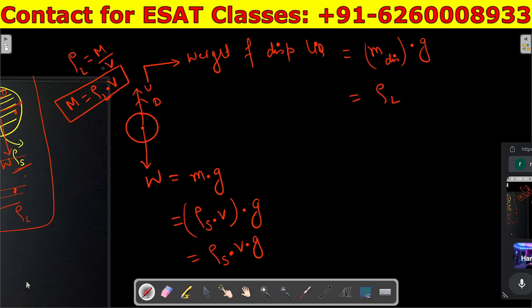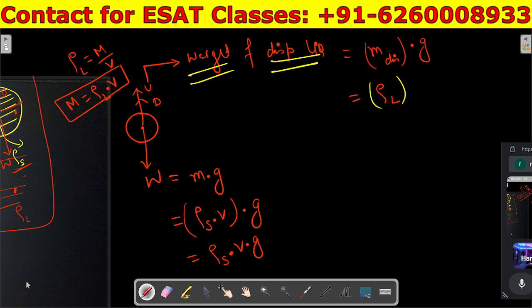Is it okay? We are going to find the weight of displaced liquid, so the density should be of the liquid. Now which volume do I need? I need that volume which is displaced by the ball. It's a metal ball, a solid sphere, so it is not hollow, it will not float, it will be completely immersed.